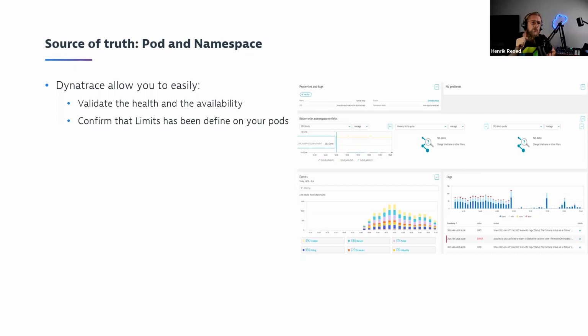This shows you, in fact, what are the memory limits that have been defined, what are the CPU limits that have been defined. And here you can see no data. It's a sign for us that, okay, no limits have been defined on the namespace. All right, I know that now. And then I can check on the pod and say, oh, there's no limit defined in the pod either. So that doesn't sound very good. It means they're all in best effort, remember, so then they could potentially be killed.